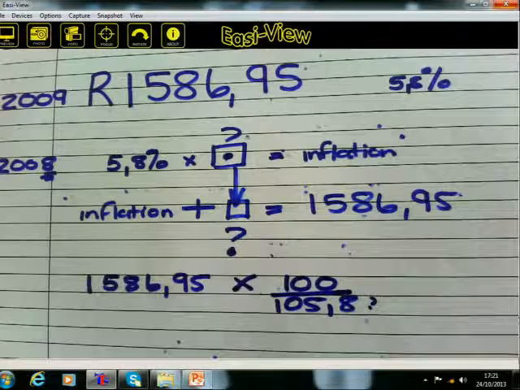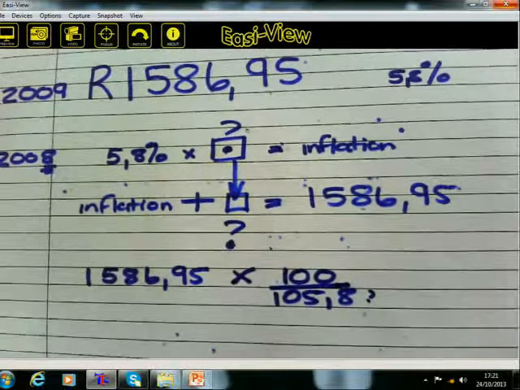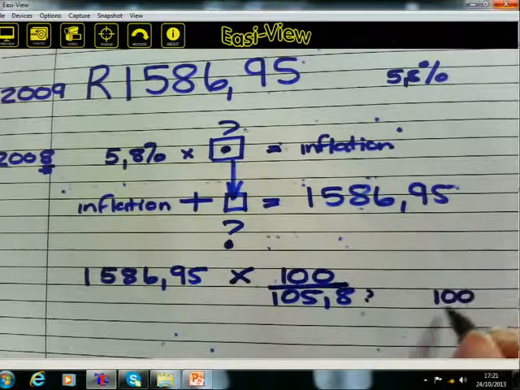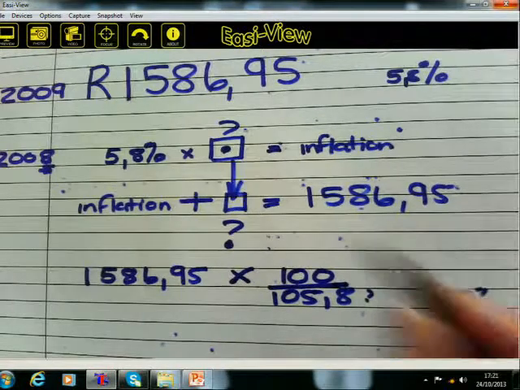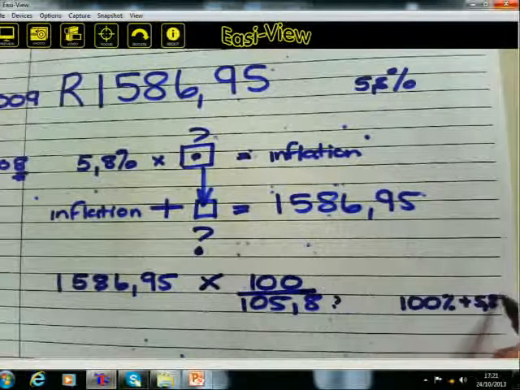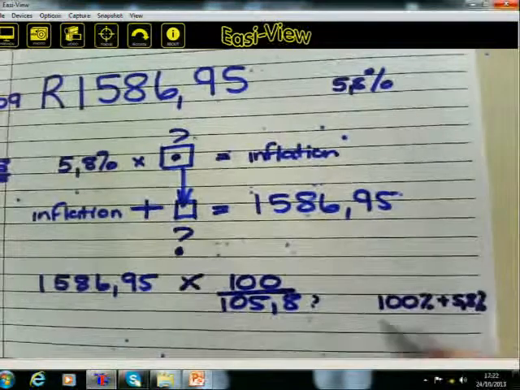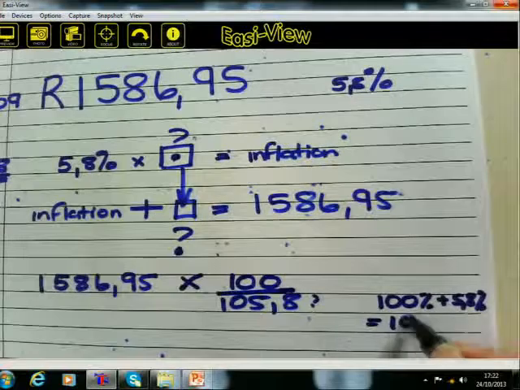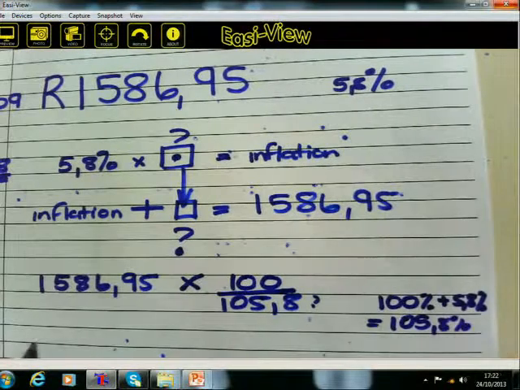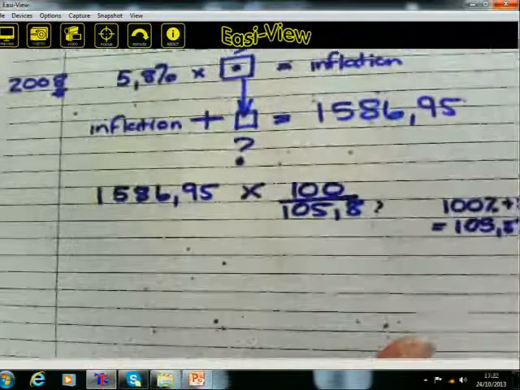Where did the 105.8 come from? Remember, it was the original 100% of the price plus the inflation, which was 5.8%. So that's where I got my 105.8%.